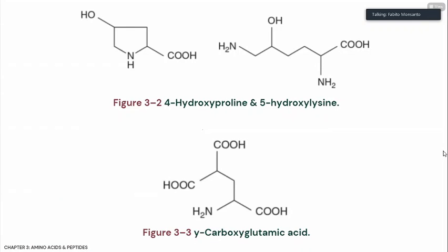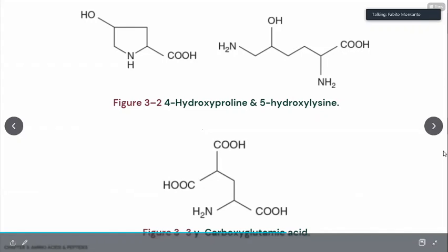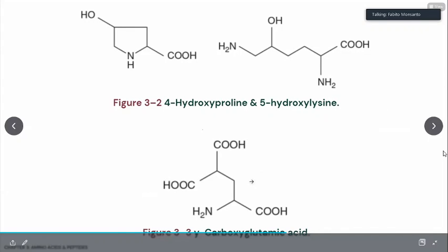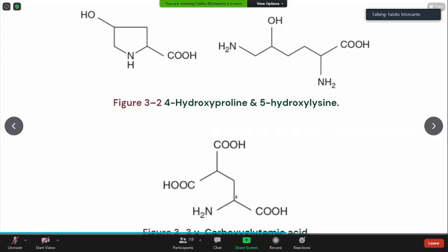So this is another post-translational modification. Your glutamic acid, now look at this, has another carboxyl group added. This is the alpha carbon, beta, gamma.